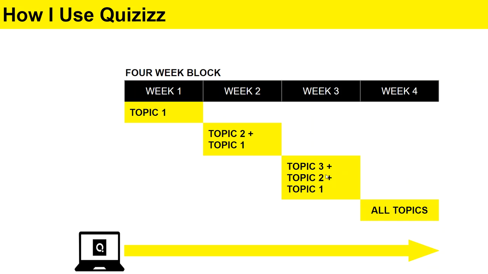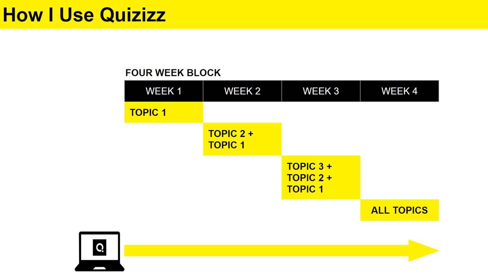I'll do the same thing in week 3, combining the previous 2 weeks' learning and quizzes into a third one with all the new learning, and then a fourth Quizizz with all the topics combined. If that sounds like a lot of work, it isn't, because all I'm doing each week is duplicating the same quiz and adding to it.